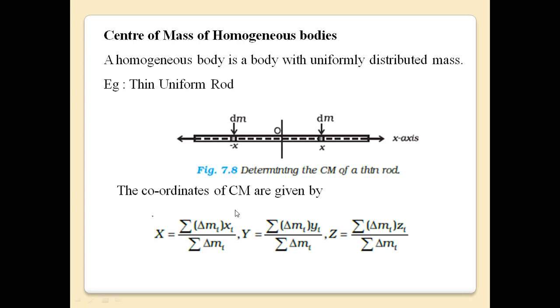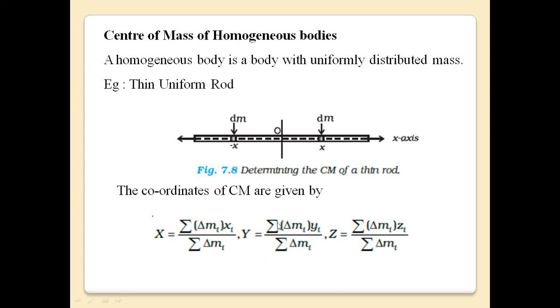So here the coordinates of the center of mass are given by X equal to sigma delta mi xi by sigma delta mi, where delta mi is a very small mass on the x-axis.